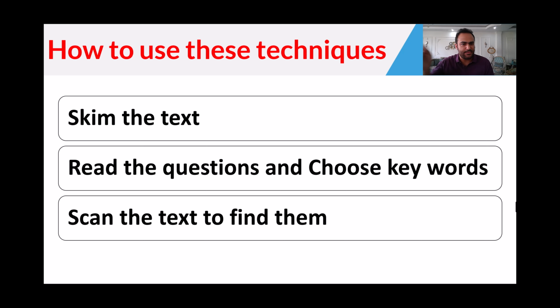So first, skimming to see what the text is about, to become familiar with the passage and also with its content, and then we read the questions and choose our target keywords. Then we scan the text. It means that we search for those keywords within the passage.